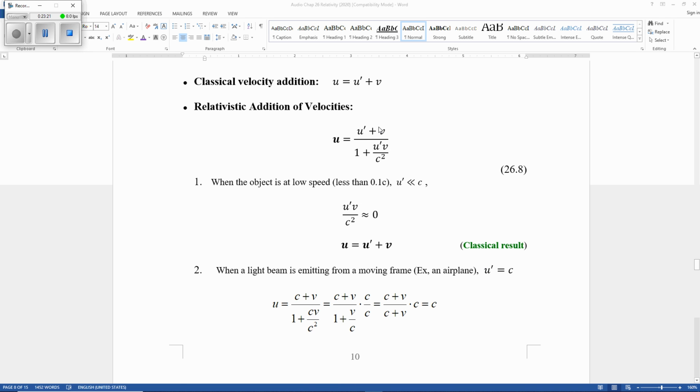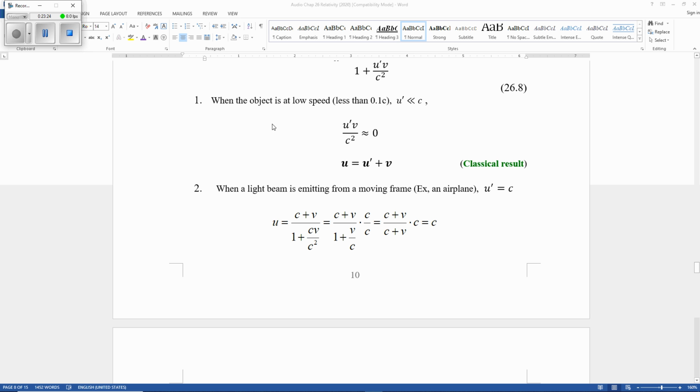So now let's check. First of all, say the object is at a low speed, less than 0.1 c, so the objects are slow compared to the speed of light. So we can think U prime, the object relative to the moving frame, is much smaller than c.